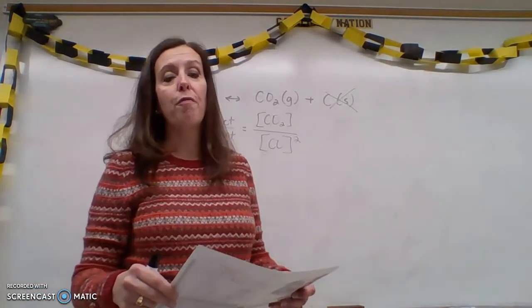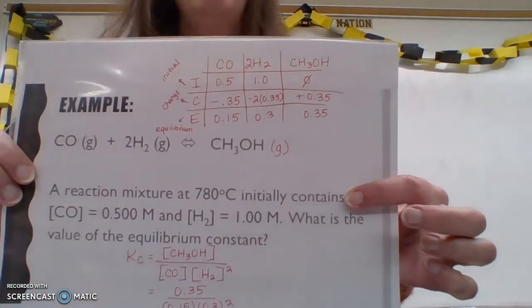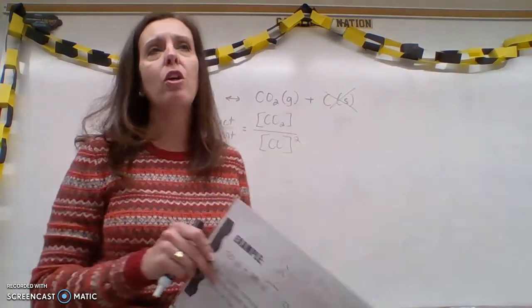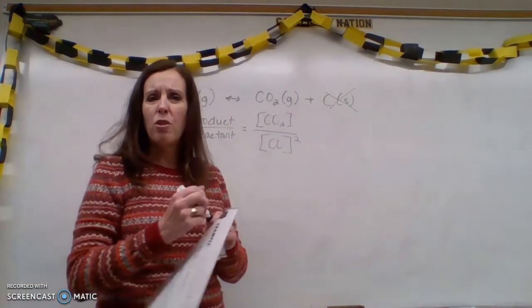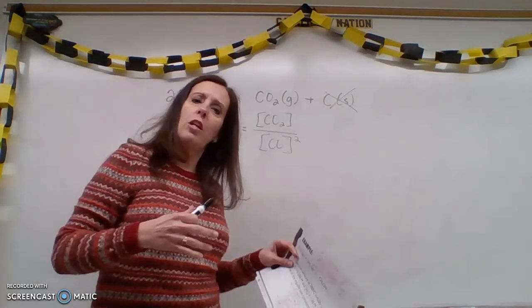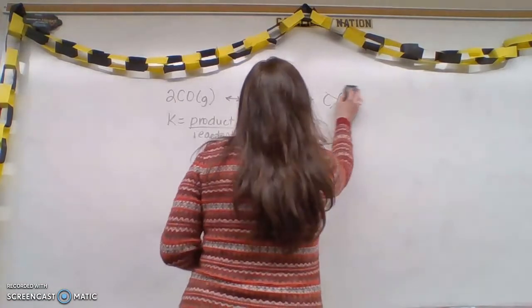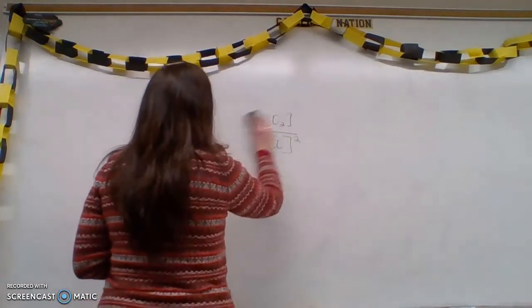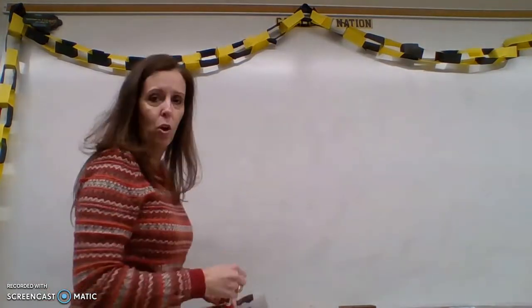Now comes the fun and exciting math. Okay? And so now we're going to take these K values and we're going to start to use some numbers and figure out what some initial concentrations are, what some equilibrium concentrations are. And it is going to require you to be somewhat methodical when you do it.